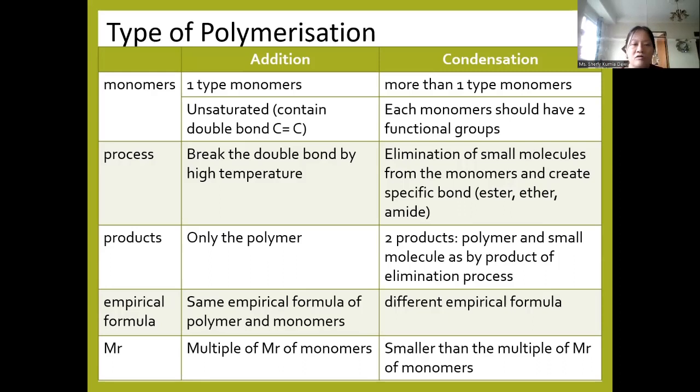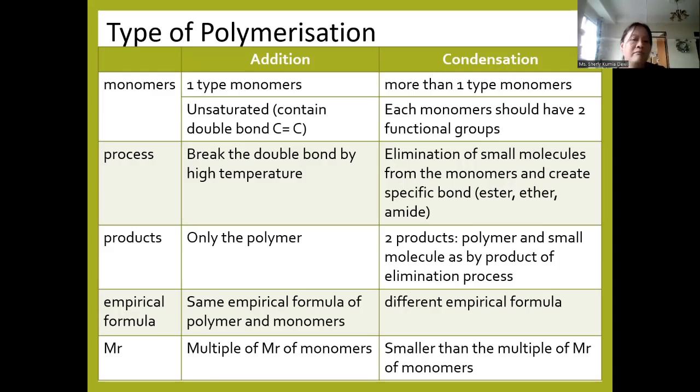So the process in addition polymerization is breaking the double bond, while the condensation reaction is like the esterification we talked about before. It's the elimination of a small molecule, usually water or sometimes a hydrogen halide like HCl, HI, HF, and so on.